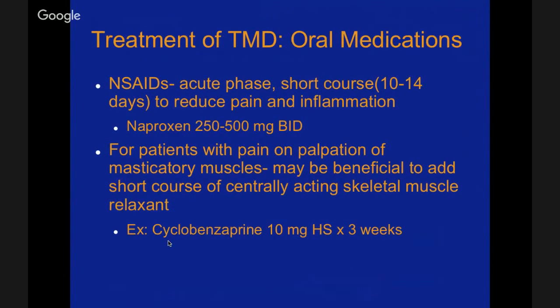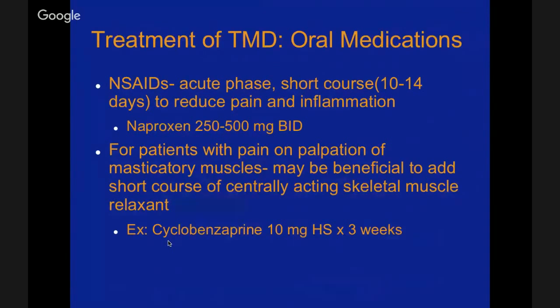So oral medications are also an option in treatment of temporomandibular dysfunction. Again, it's a matter of when the injury occurred and how severe the injury was that's going to help lead to what your treatment options are. NSAIDs can be used in the acute phase, generally a short course, like 10 to 14 days, to help reduce pain and inflammation. UpToDate recommended naproxen, 250 to 500 milligrams twice a day.